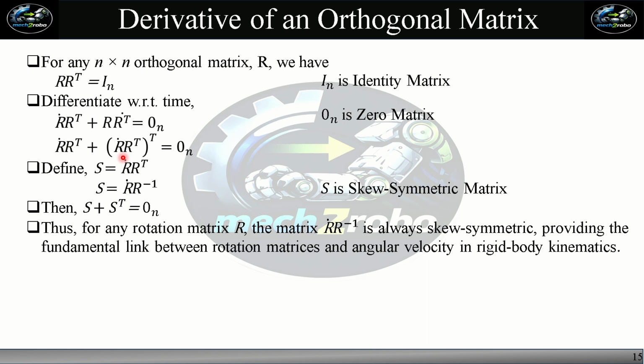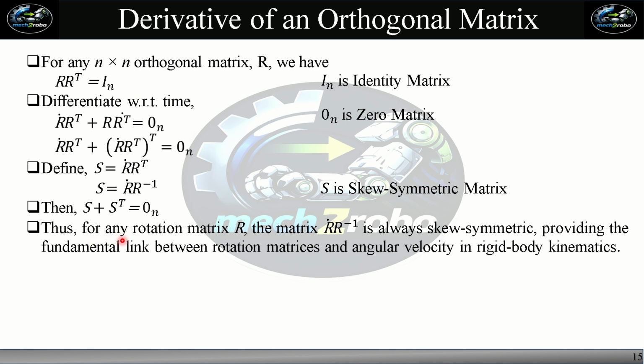reversible transpose, then we get this term, and this R dot R transpose is equal to S, which is a skew symmetric matrix. We already know that in an orthogonal matrix R transpose is equal to R inverse. So that's why S is equal to R dot R inverse, and this gives S plus S transpose equal to the 0 matrix.